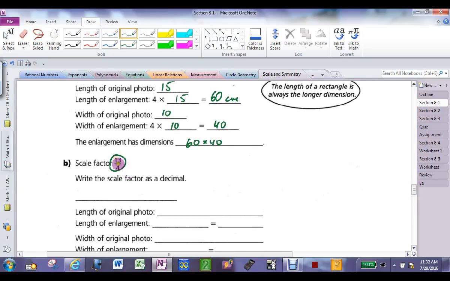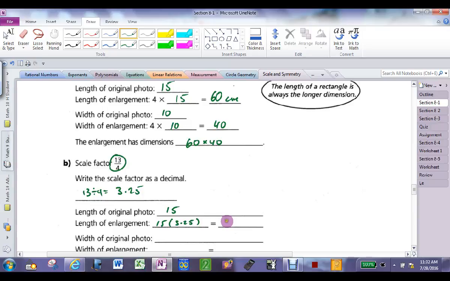Yeah? Okay. What about this one? Do we like that scale factor? No, it stinks. So what do we do? 13 divided by 4 to get 3.25, yeah? Yes. So, what was my length of the original photo? 15. What do I multiply by now? 3.25 to get what?